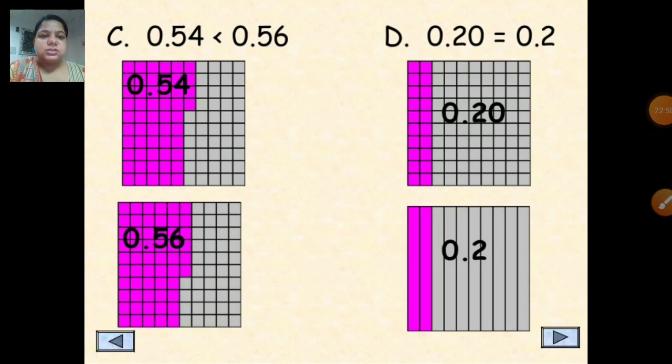You can see here I have shaded 0.54 and 0.56 with pink color. So clearly 0.54 is less than 0.56. And in part D, 0.20 means there are 20 hundredths, right? And 0.2 means 2 tenths. You can see both are the same because 20 hundredths will make 2 tenths, right?